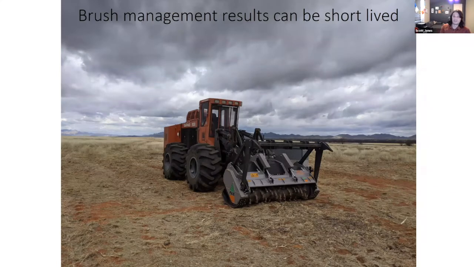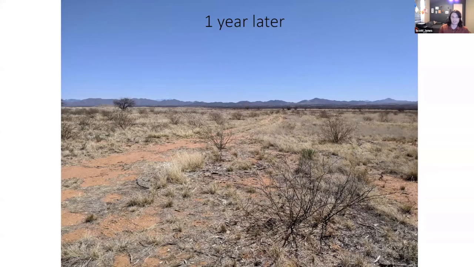And you go out there and it was almost completely clear, open grassland. Well, I was out there 2 days ago, almost a year later, and this is what the site looks like. You can see that those shrubs have started to resprout. And if you don't take care of these or go back in with a retreatment in the next 2 years, everything you've done may be for nothing.